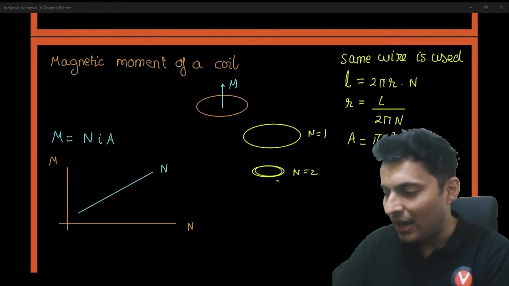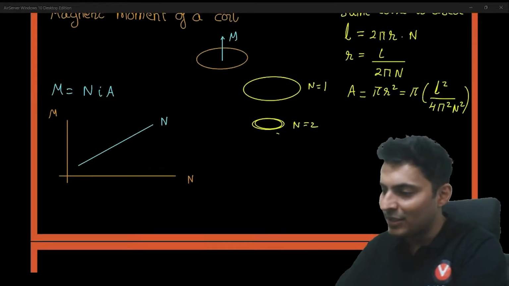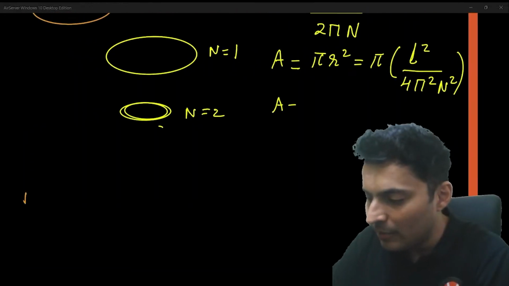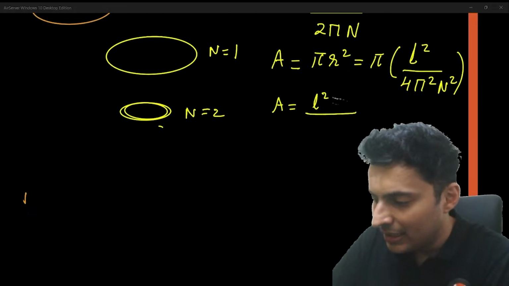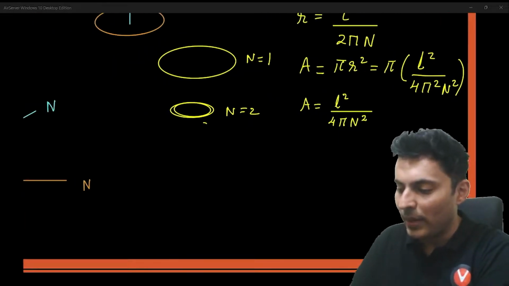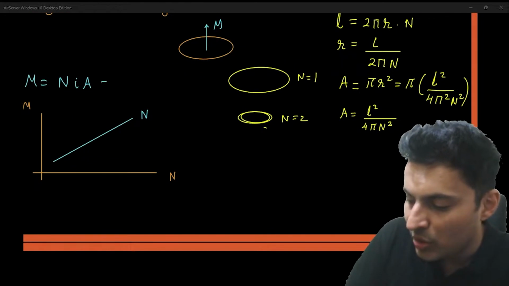That means it will be pi L square by 4 pi square n square. Correct? Very good. So what will area come out to be? Pi cancels. You will get L square divided by 4 pi n square.